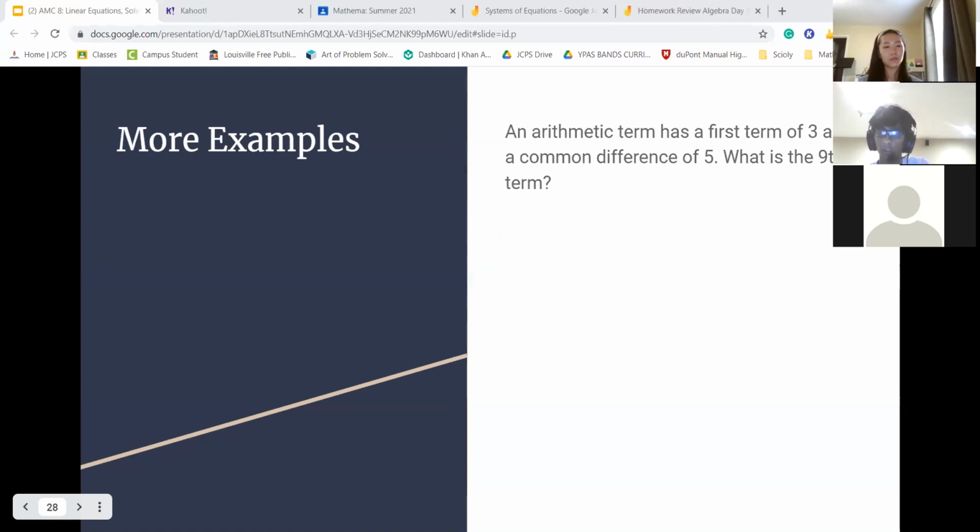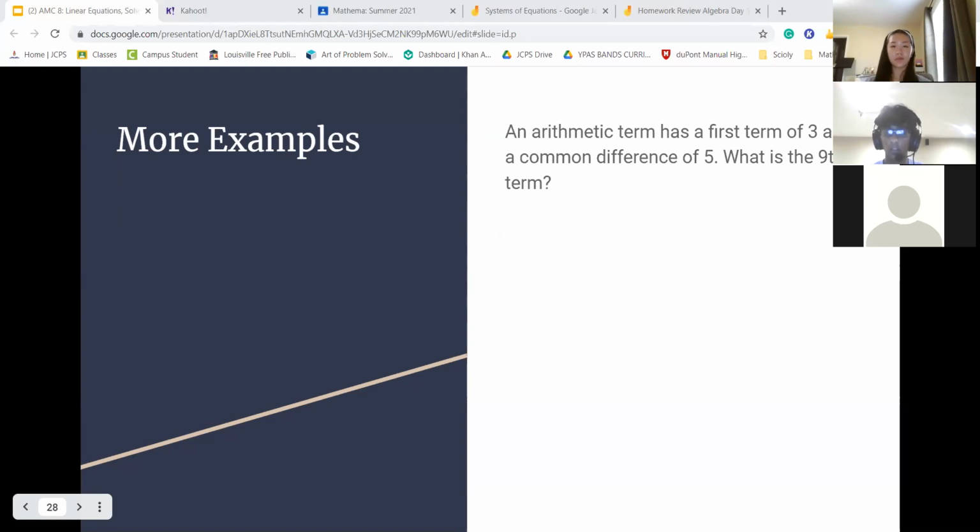Sahil said it was 43. Vishwa says it's 48. Hannah, what do you think? So mostly everyone is saying 48. Hannah says it's 43, and that's good. Train says that it's 3 plus 5 times 9 minus 1, and that would be 43.